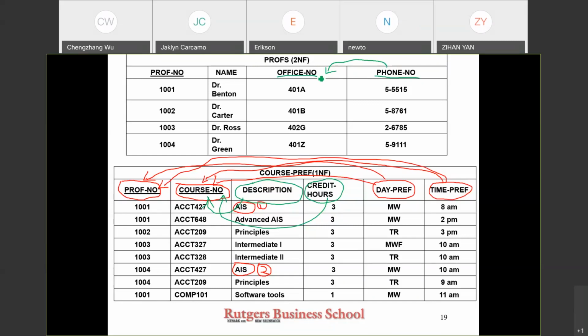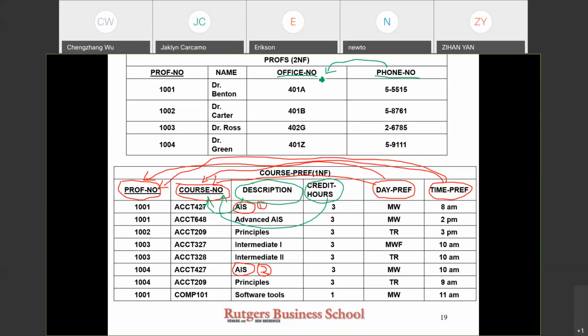But if the phone number field refers to the professor's cell phone, what would not change is that the professor was moved to a different office. Then there's no connection between the office number and the phone number.